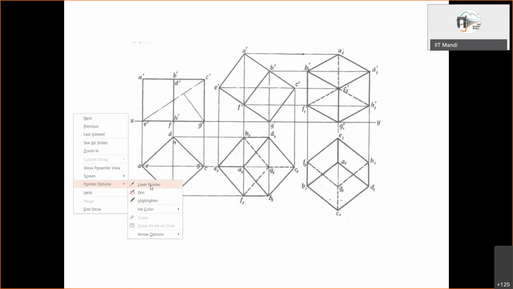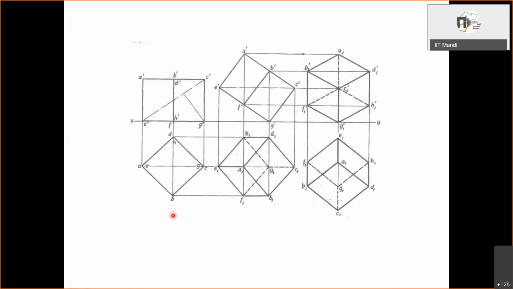If we consider the first state, we see a cube, its top view and front view. Front view is above the XY line. This one is the front view, and here we have the top view.